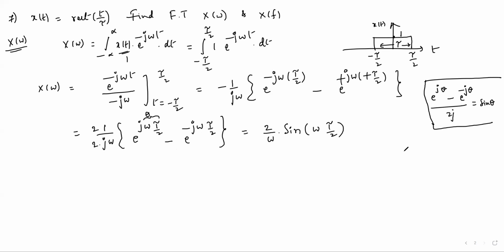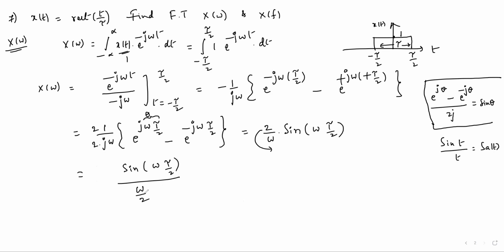Further, we know that sin t divided by t is the sampling function; the sampling function SA of t is defined as sin t by t. In that way, we can convert this expression. I am rewriting this expression as sin omega tau by 2 divided by, here omega divided by 2 is already there. This 2 can be brought here.